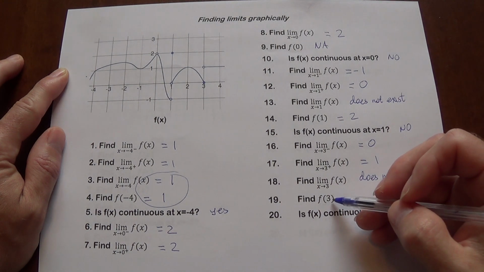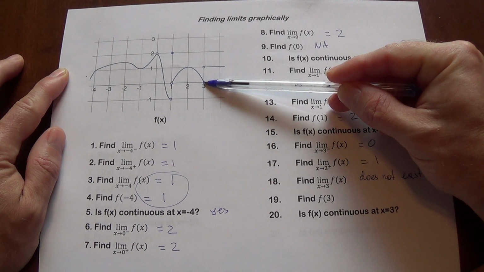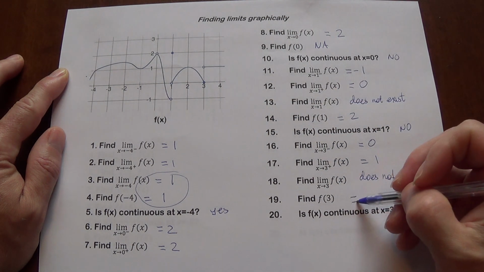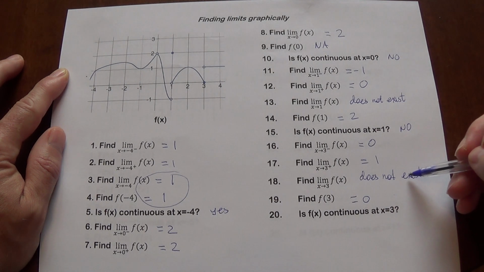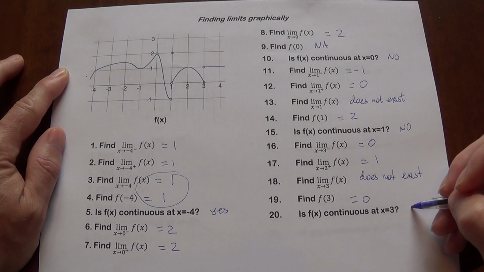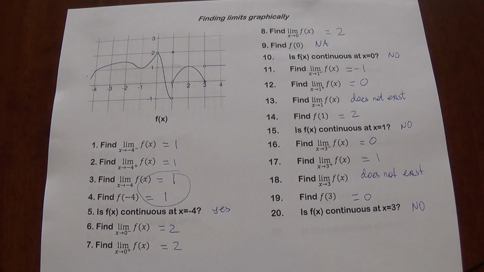Does the function exist at 3? Yes, it does. Right there you have a point. It's not hollow, so the value is 0. But since these two values are not the same, the limit here does not exist. The function is not continuous, and the limit does not exist.